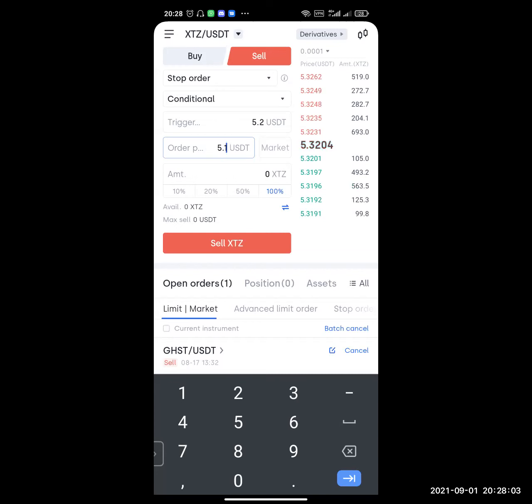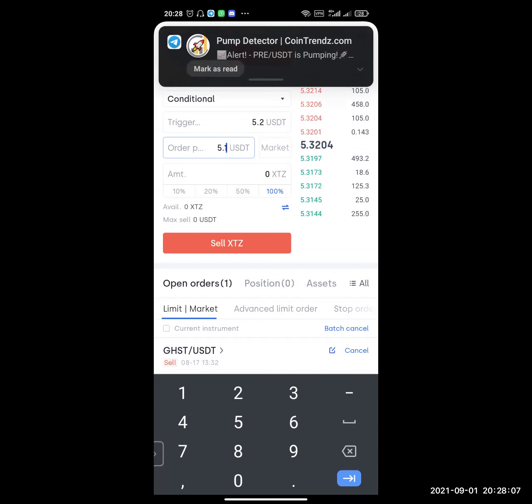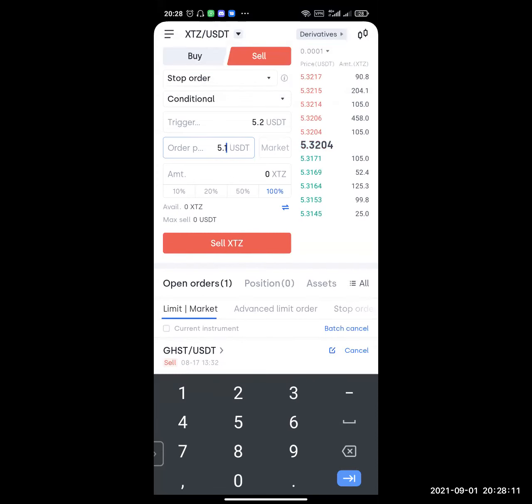So that's the benefit of using trailing stop loss. You're not leaving the market, and at the same time, even if the market starts moving against you, you are not losing any profit at all. It just closes the trade for you automatically, whether you are there or not. Do you understand?